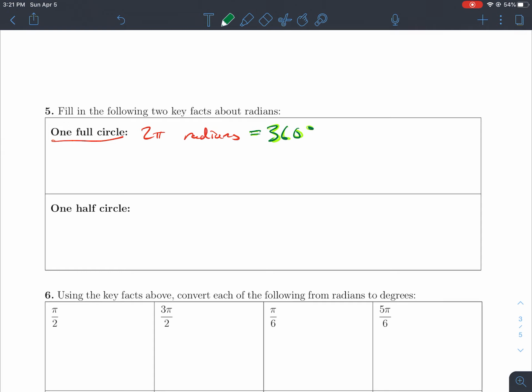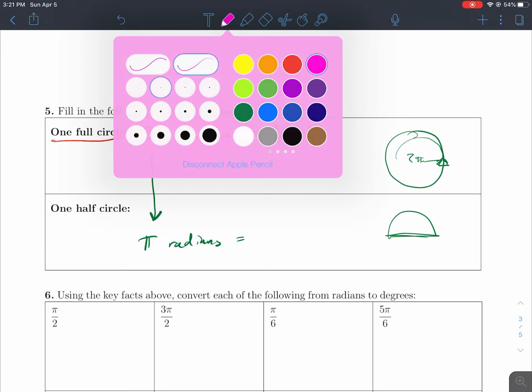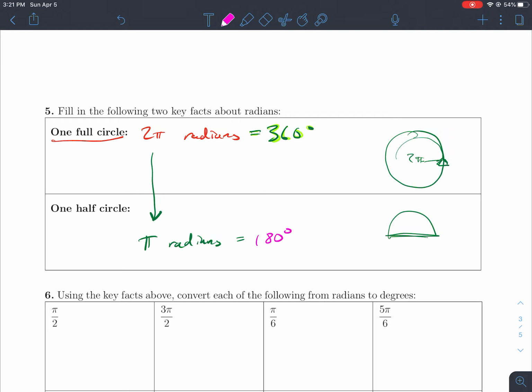So if 2 pi radians is a full circle, and that's a little arrow to show that it's opening from here up to the full circle as an angle, then half a circle would be half as much. So if we do half of that, that would give us pi radians. And we know that half a circle is equal to 180 degrees.